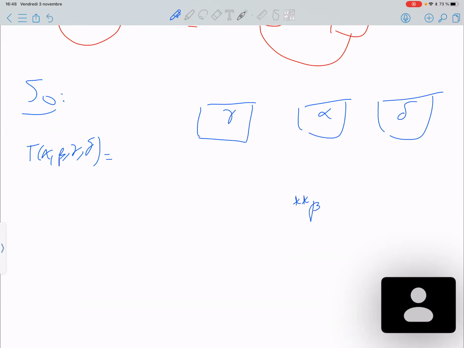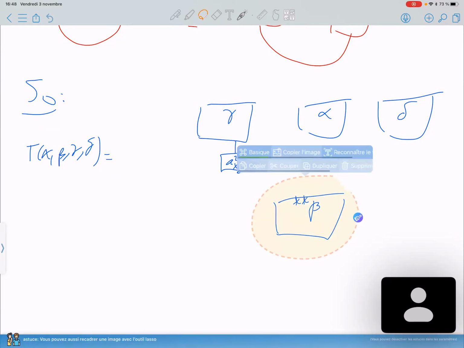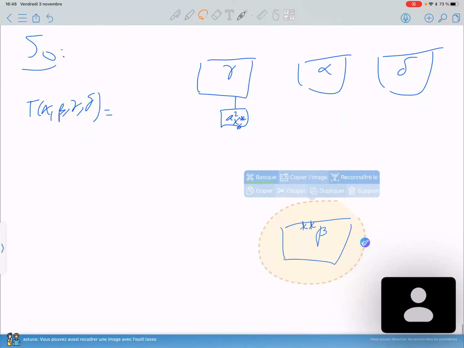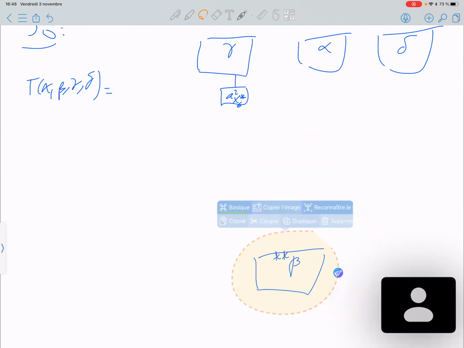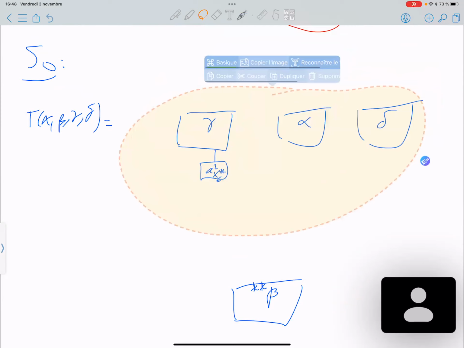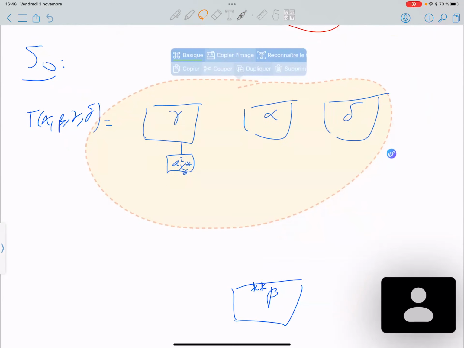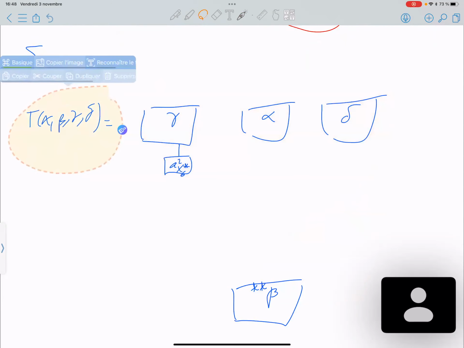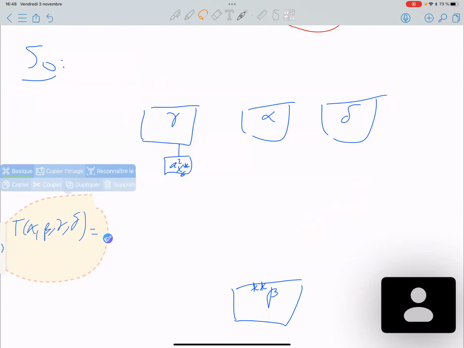Beta double right dual. Here you have the A to X star. Let me take as much space as I need. That should be okay.